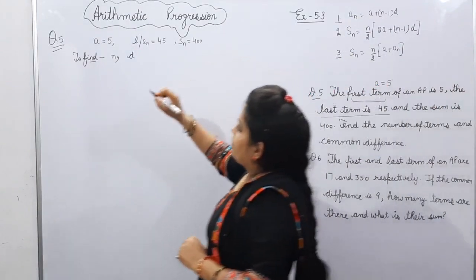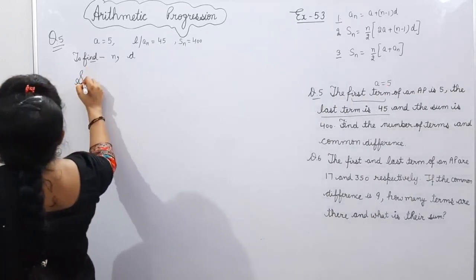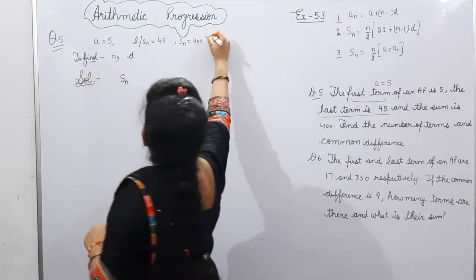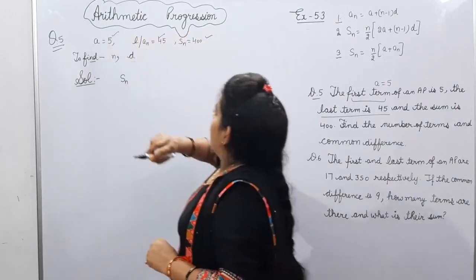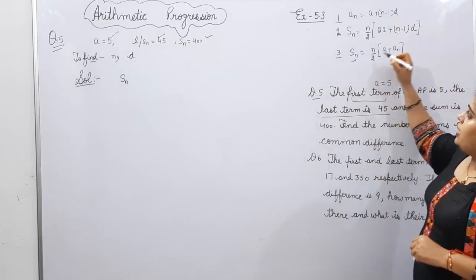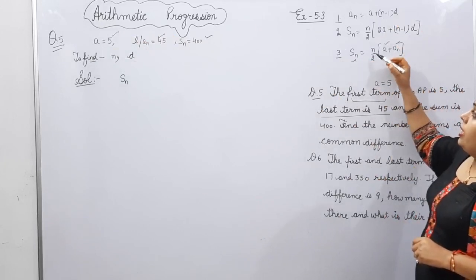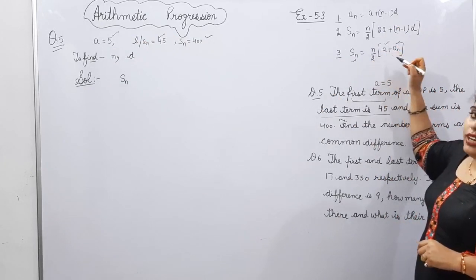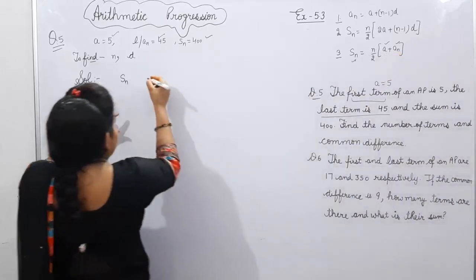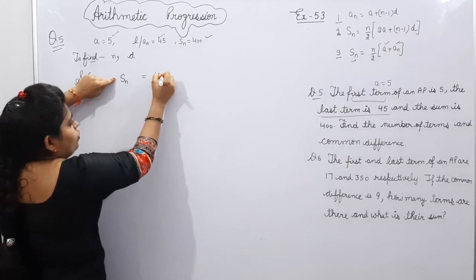Now come to the point. What is given? In solution part, Sn given, An given, A given. Now check formulas here. Sn given, A given, An given, and we have to find the value of n. So we can choose this formula. Sn is equal to 400.